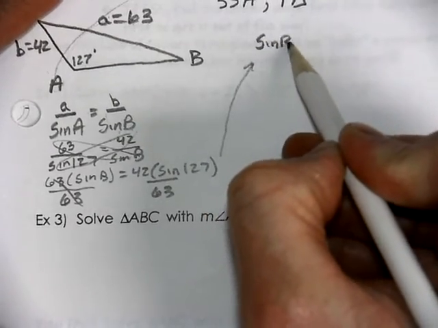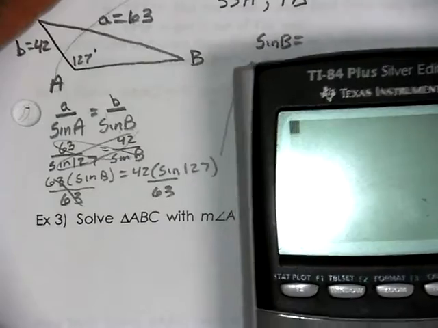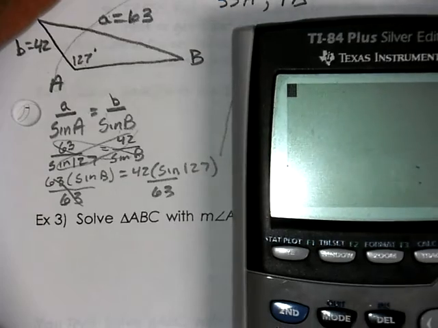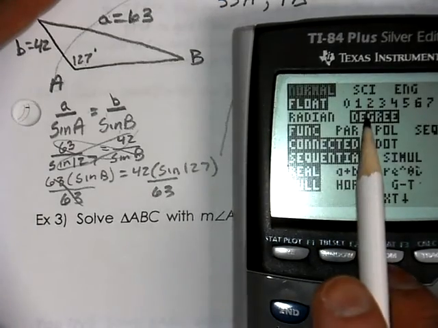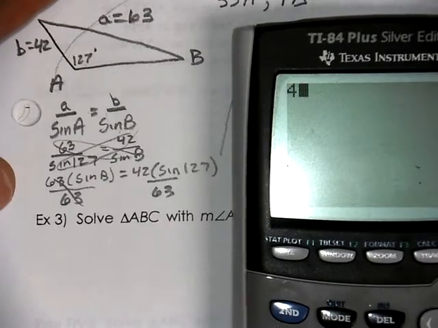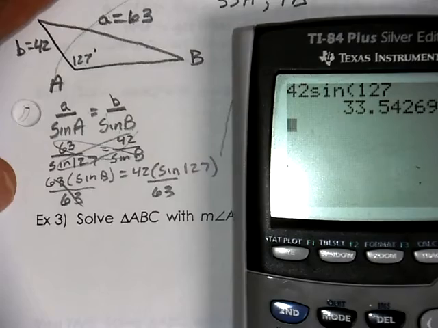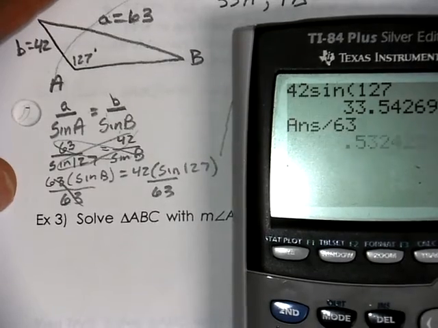So sine of B, you need to be sure you're in degree mode. Got to be in degree mode. We have 42 times the sine of 127, and we're dividing that by 63.